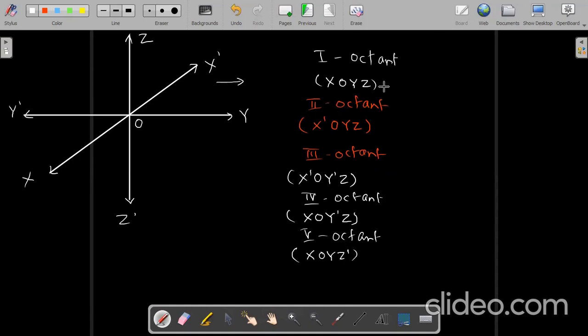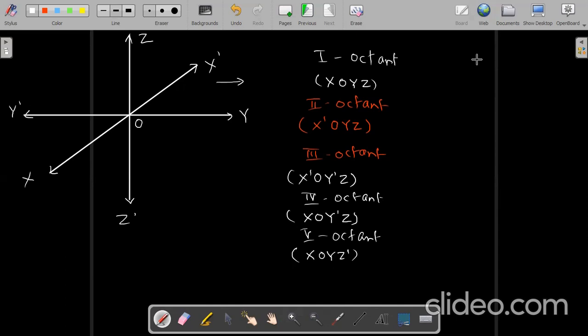We used to write X Y Z and in between O, the origin. Fifth octant. Okay. Then go to the backside. Then it will be X dash O Y Z, sixth octant, seventh, eighth. Then signs we have to write actually.